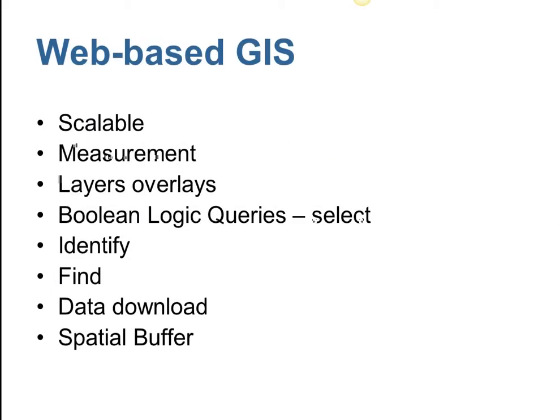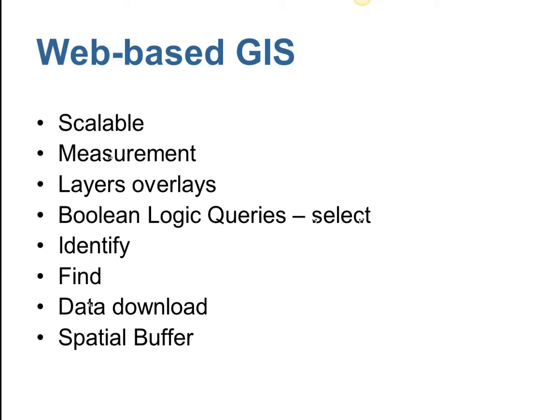The nice thing is that you can zoom in and out. You have measurement tools, as you saw in ArcGIS Online. You can do area, you can do linear distance. You can add overlays, so you can have data that's on top of each other. Really nice thing about this application is you can do Boolean logic queries that let you select special data applications.